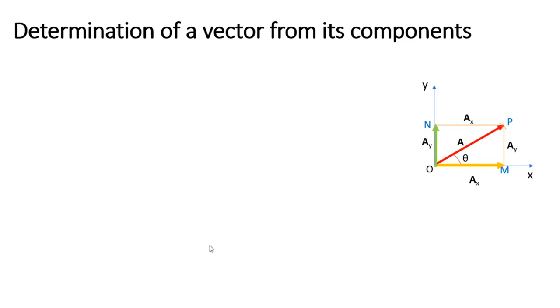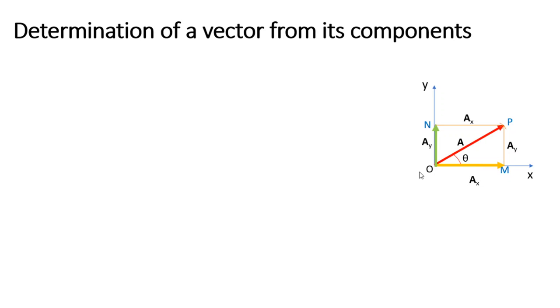Determination of a vector from its components. Before, we were given a vector A and we used its components; here we determine a vector from its components. If two components, ax and ay, are given, how can we find the vector?